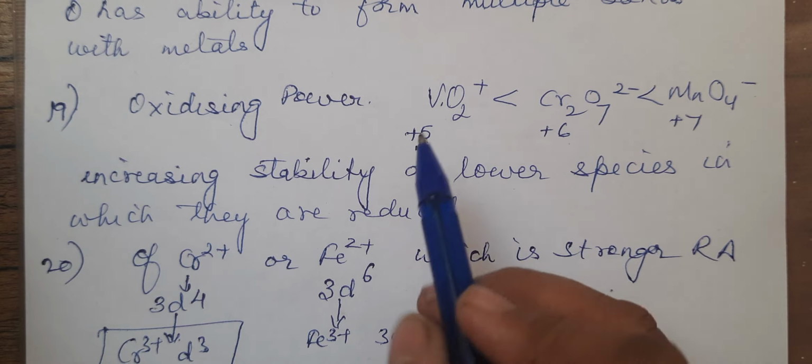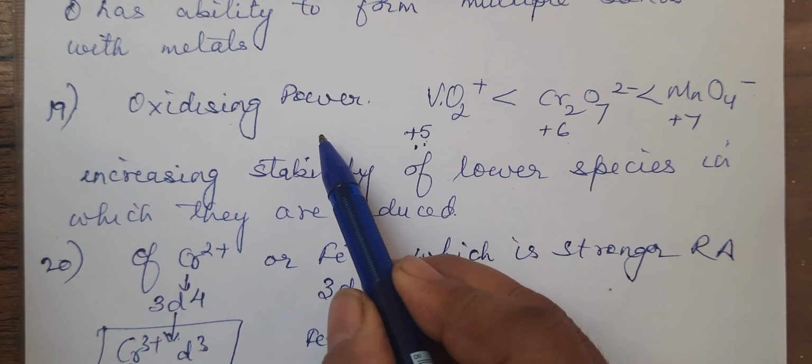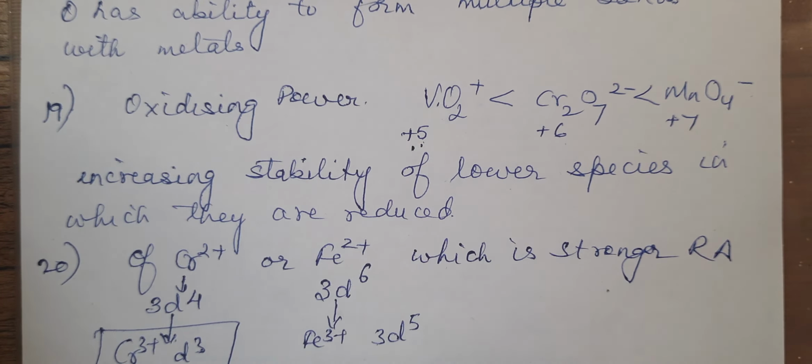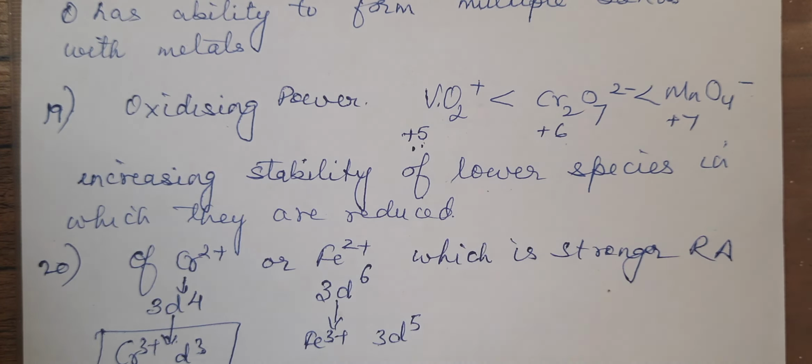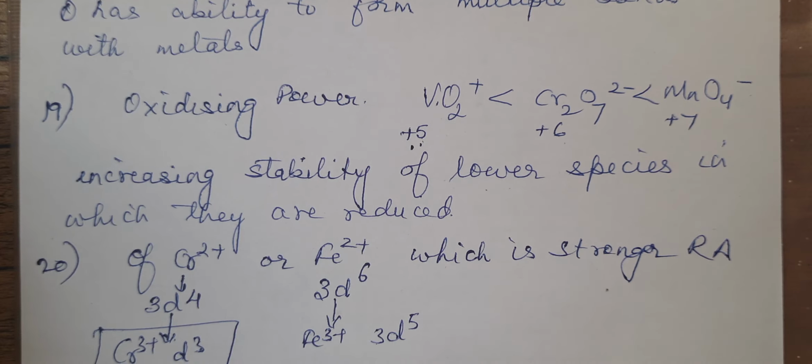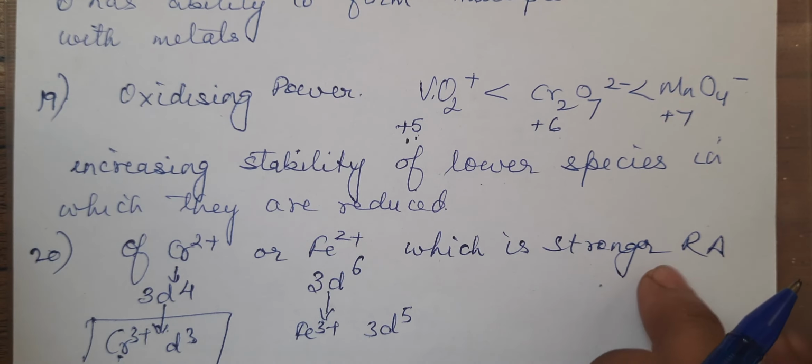Or you may write, because they're acting as oxidizing agents, they themselves are undergoing reduction. When they are undergoing reduction, they must be getting reduced into some species. So that is what they want to say: increasing stability of the species in which they are getting reduced. That means when they are getting reduced, they might be forming species which are more stable.